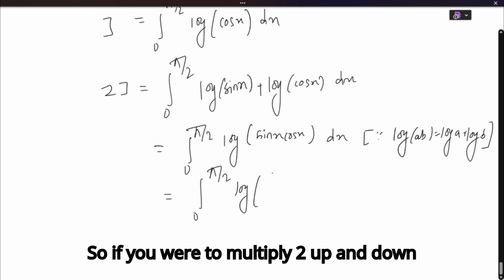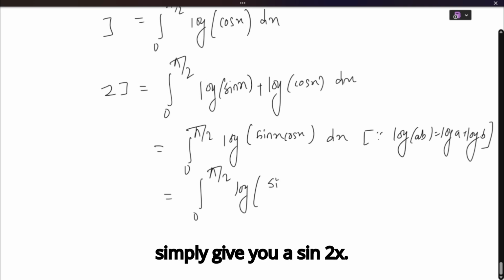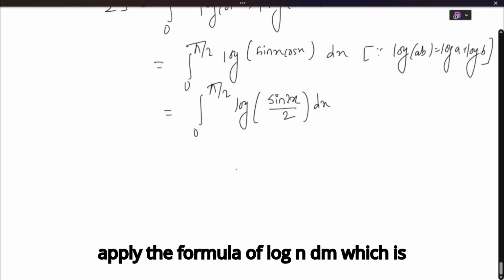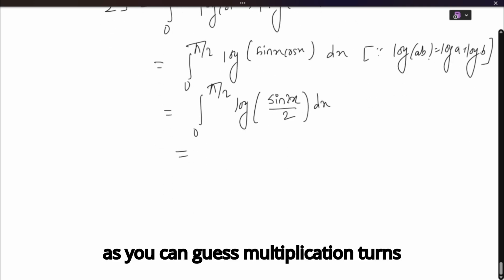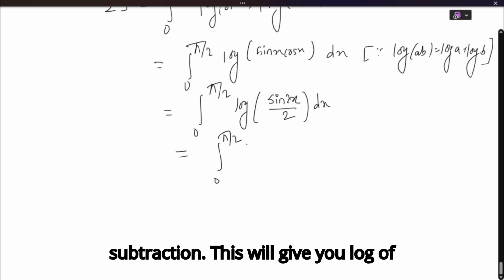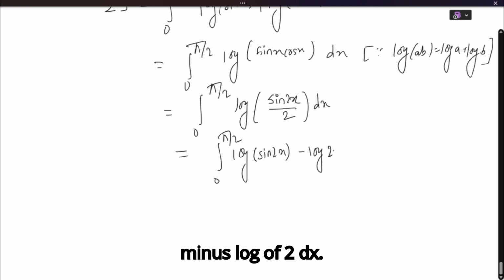So if you were to multiply 2 up and down inside the log, the 2 sin x cos x would simply give you a sine 2x divided by 2. And apply the formula of log again, which is, as you can guess, multiplication turns into addition, so division would turn into subtraction. This would give you log of sine 2x minus log of 2.